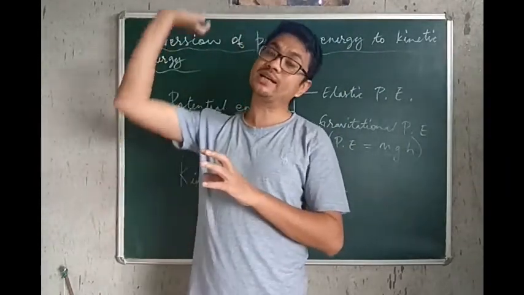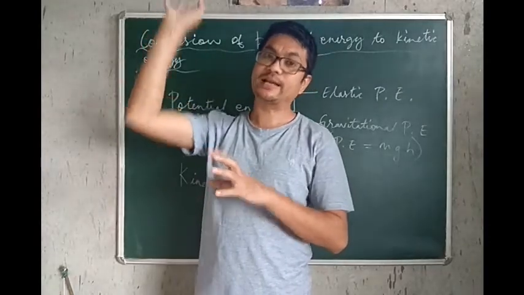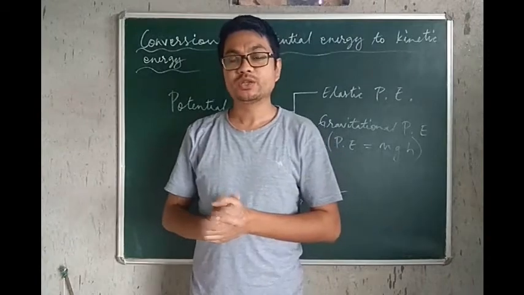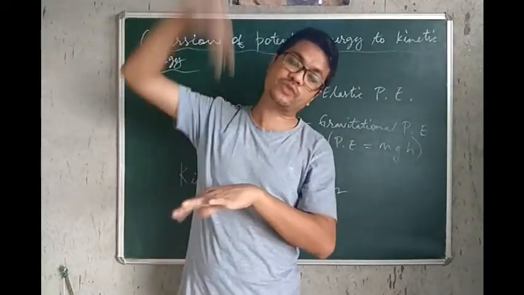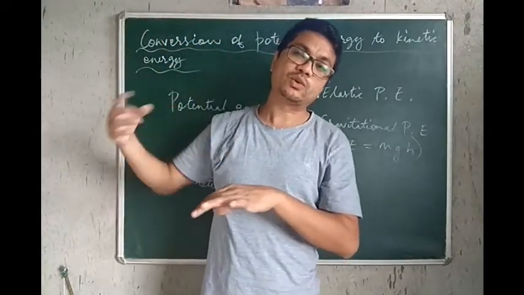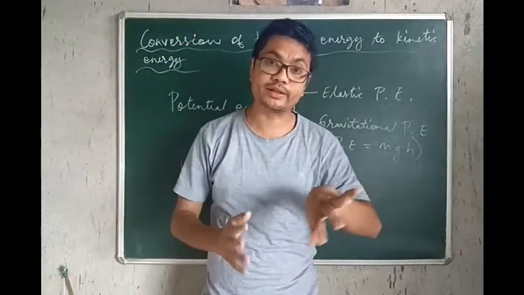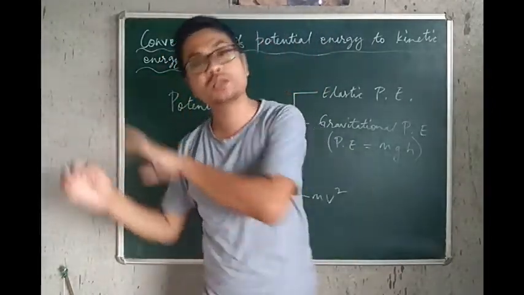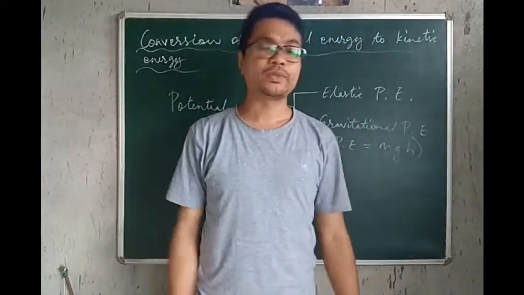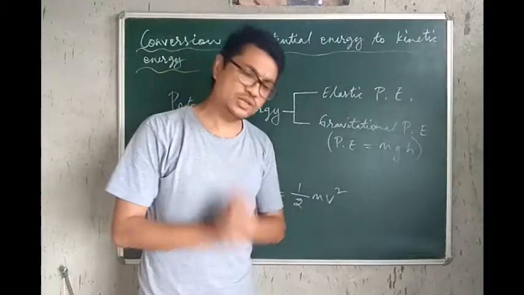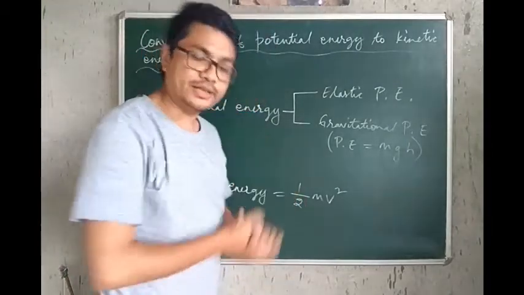Why? Because the higher the tank is and the higher the water in the tank is, the more its gravitational potential energy. So when the water falls from the tank, what happens? The high amount of gravitational potential energy is converted to kinetic energy, and that kinetic energy of water sweeps us away. So we can give so many other examples of potential energy getting converted to kinetic energy.